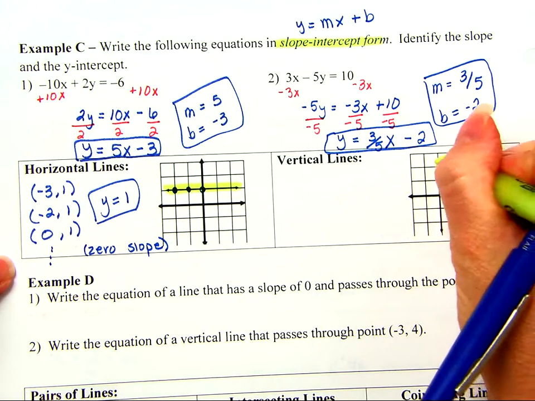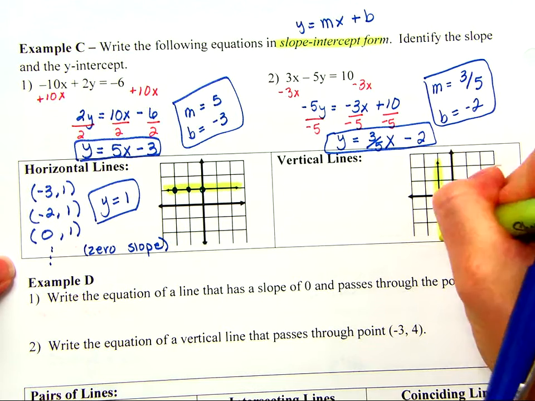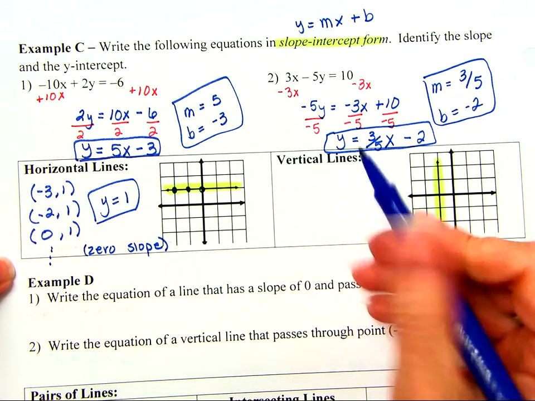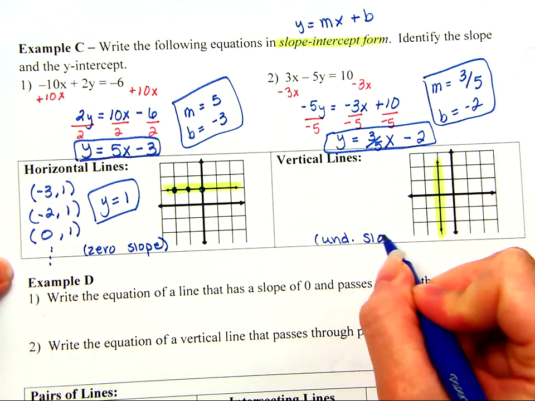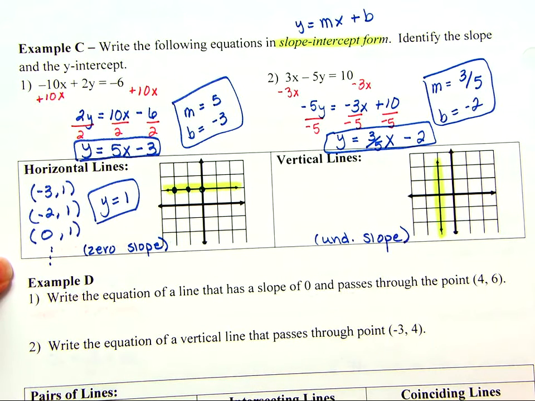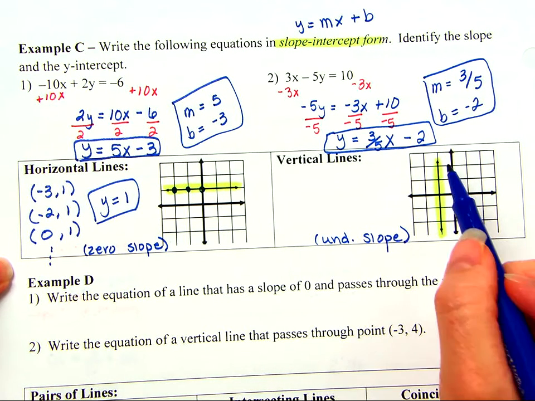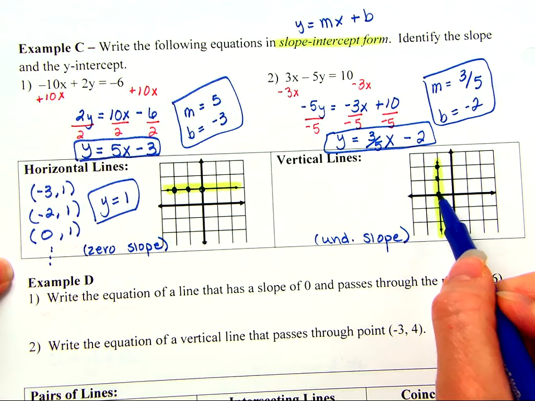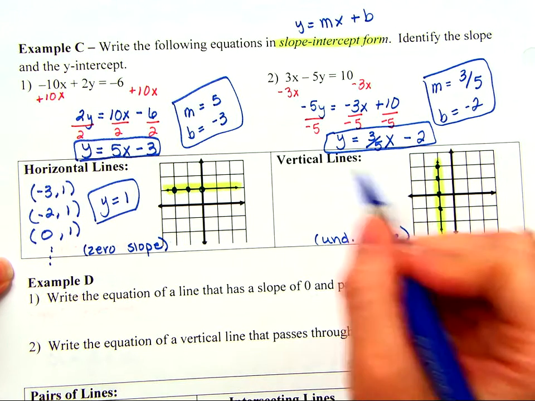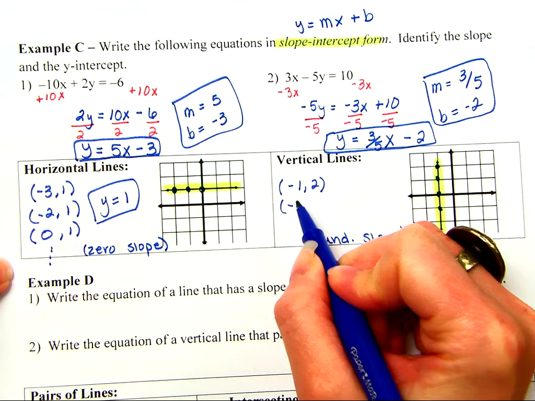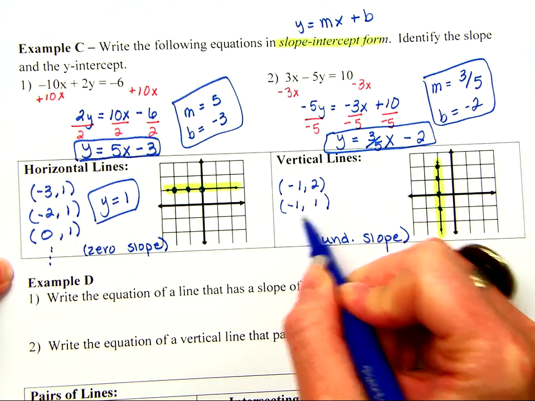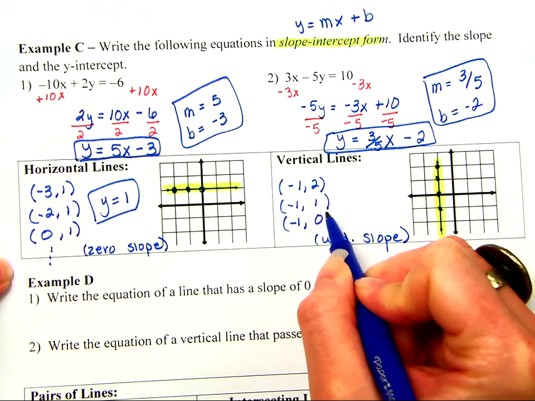Similarly, my vertical line here, before we said a vertical line actually has an undefined slope, because I can't have division by 0. But as I look at the points on my line, I would say, okay, negative 1, 2, negative 1, 1, negative 1, 0.